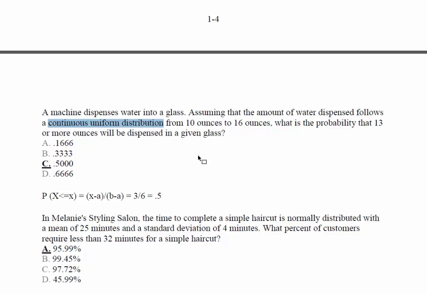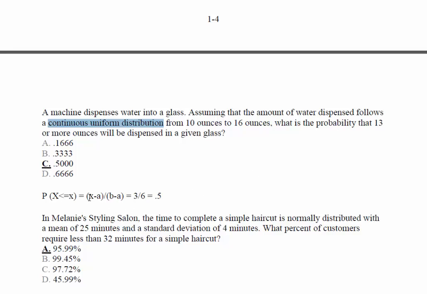Now, what are we calculating here? Basically, we want the probability that 13 or more ounces are dispensed, so X is larger than or equal to 13.